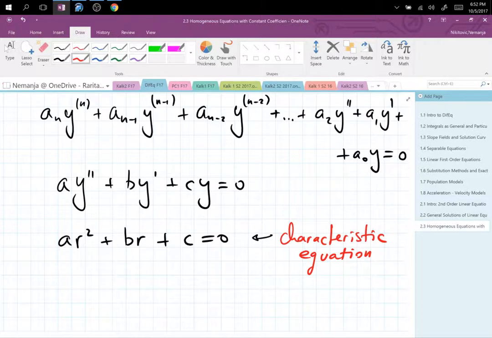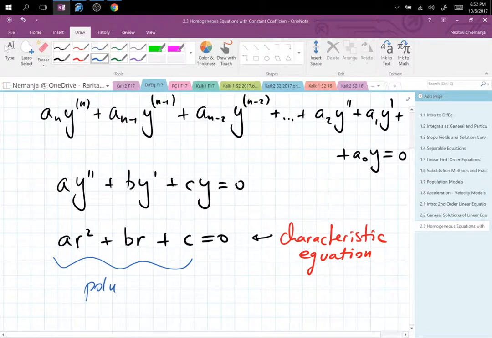Now, if you observe this thing over here, it's a polynomial with respect to r.